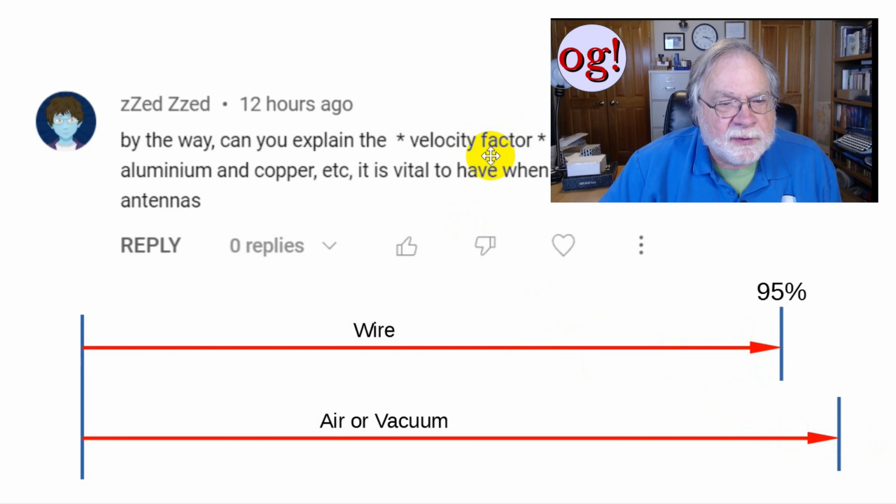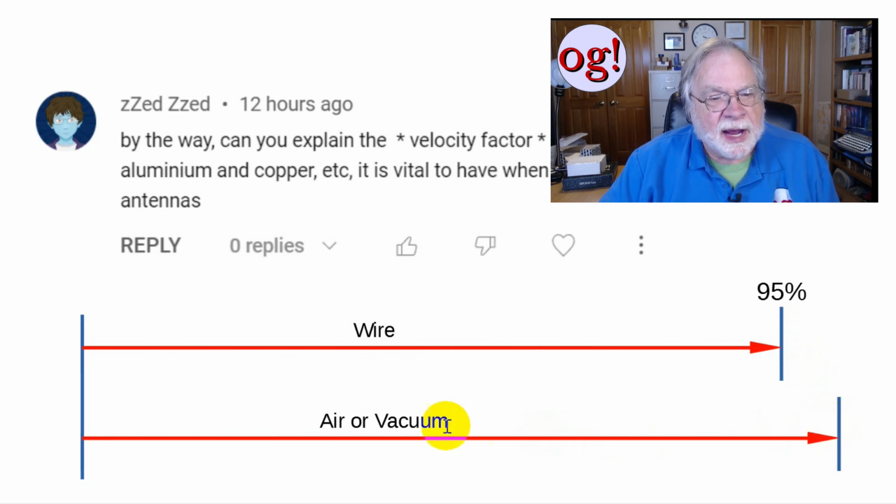So the velocity factor of light or RF waves in air or vacuum is 100%. Okay, that's where we start at. So it's relative to that.